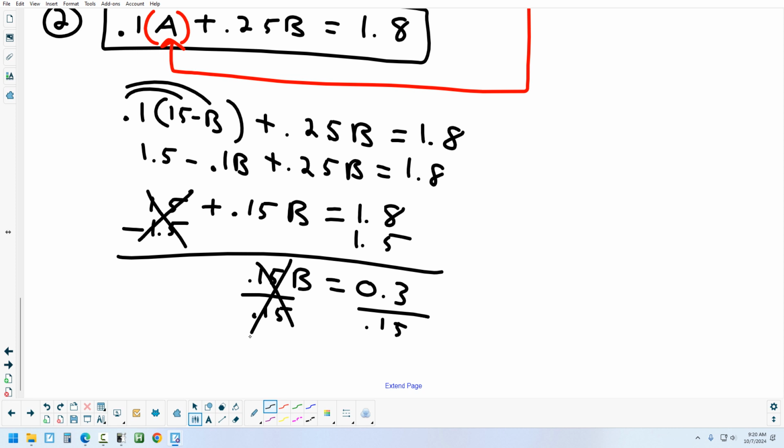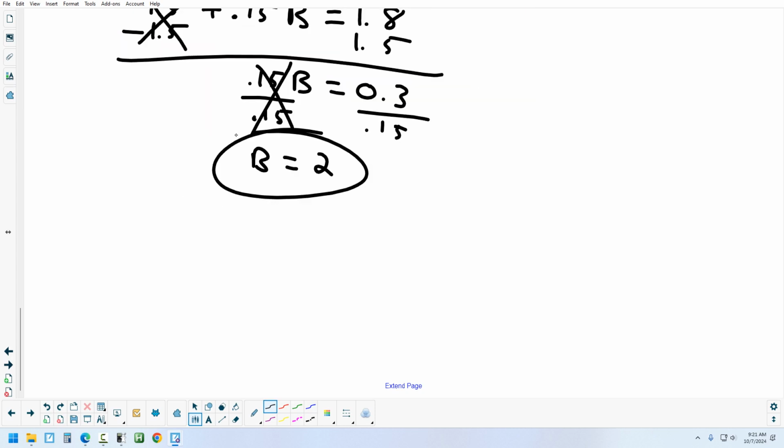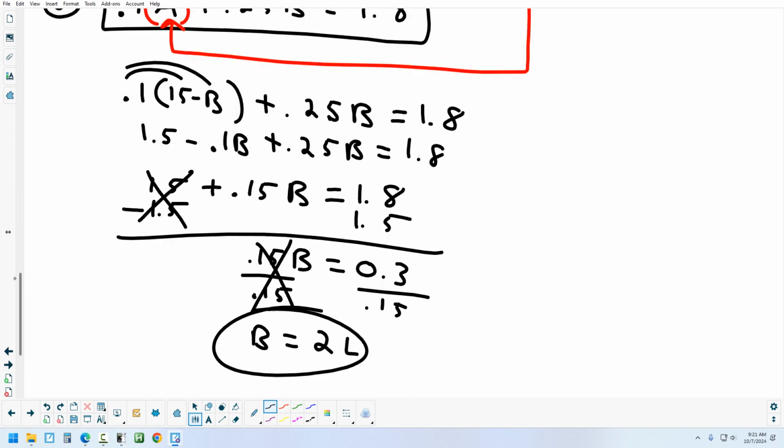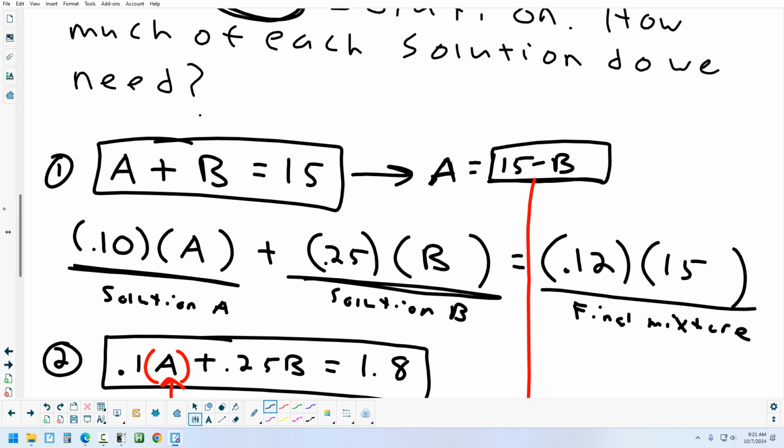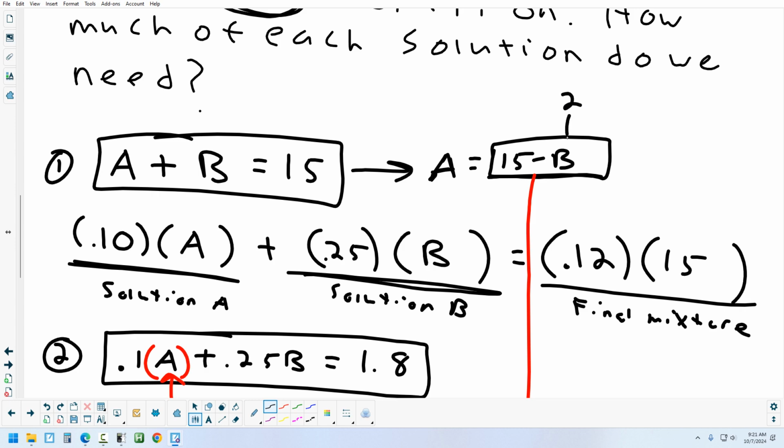So 0.3 divided by 0.15, that's the same as, if you want to think of it easier without decimals, 30 divided by 15. 2. Okay. So I need 2 liters of solution B. And now I know that B is 2. Take a 2 and fill it in right there.